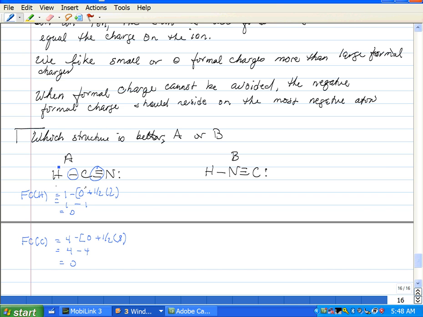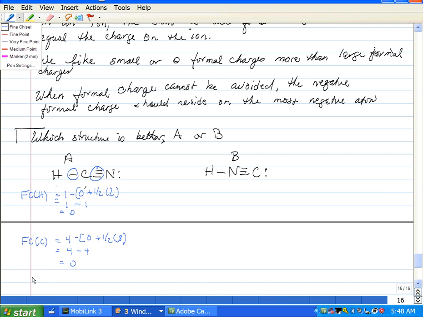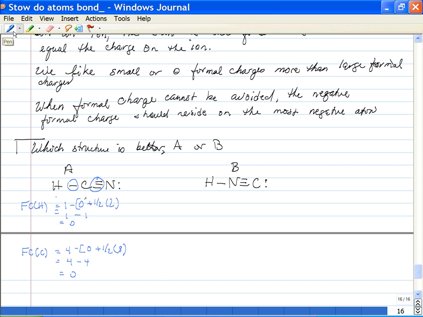So formal charge on nitrogen: the nitrogen brings 5 valence electrons from the neutral free atom. It has 2 non-bonding electrons. It has 2, 4, 6 electrons that are tied up in bonds.